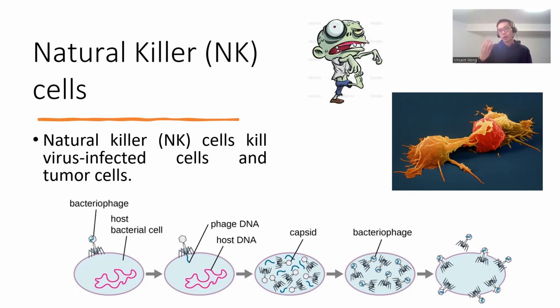When the NK cells are able to clear these tumor cells at the early stage, then our body remains cancer-free. But they don't do a perfect job all the time, and as a result, cancer still exists.